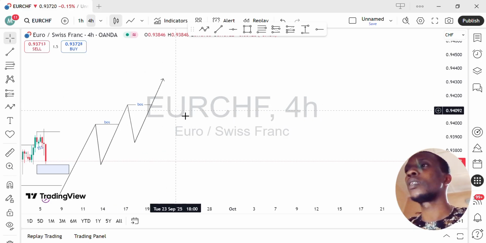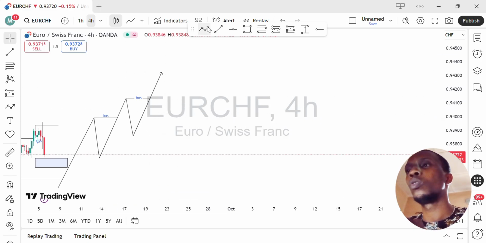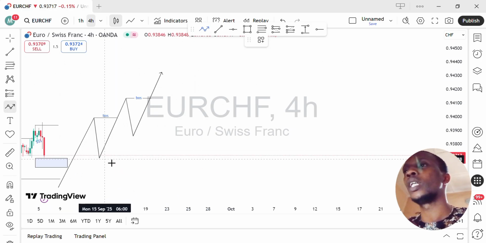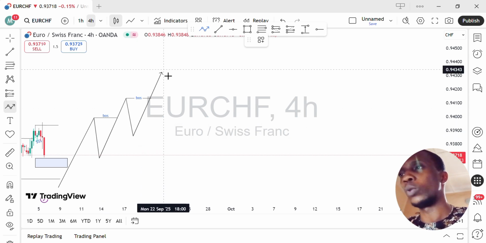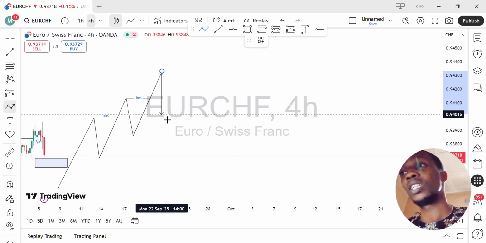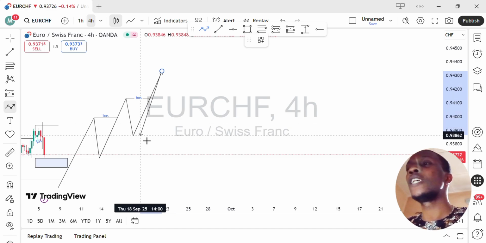Now, there are times when the market will be pushing to the upside, and it will come to a point where the market will be exhausted in trending. Now, price will push back down again. It will retrace like this, and this low right here needs to be protected.